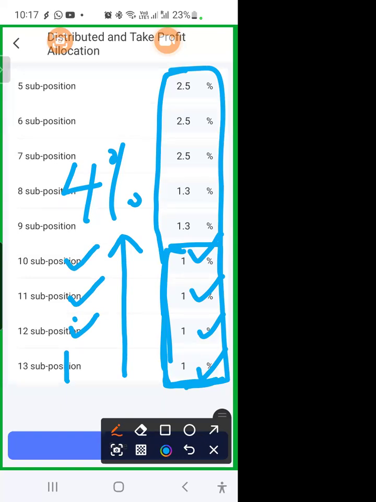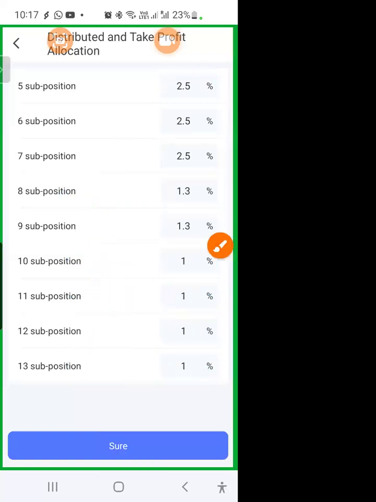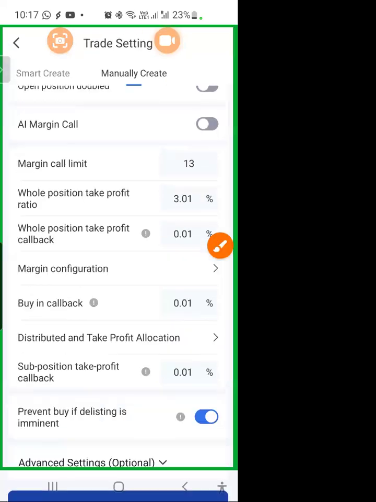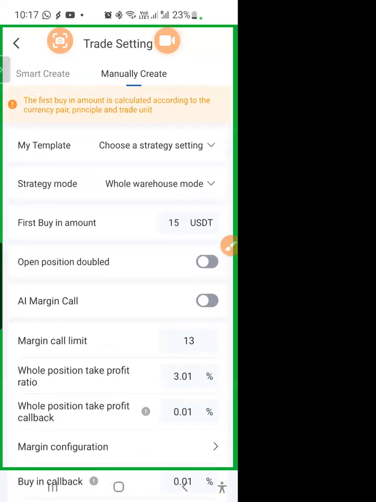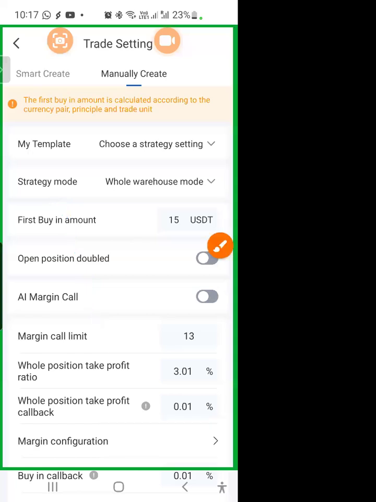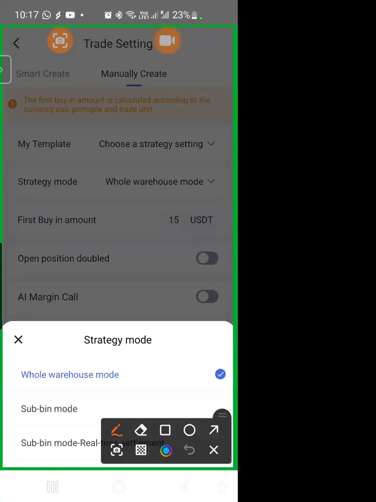Ladies and gentlemen, before that, don't forget, you can only earn separately from this sub position, this sub position and this sub position in case, here at strategy mode, you choose this one over the two here or this one.